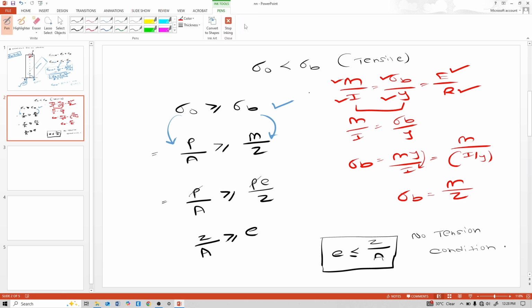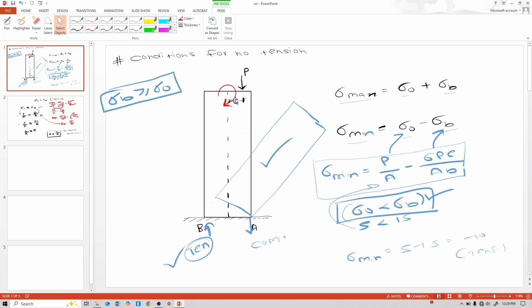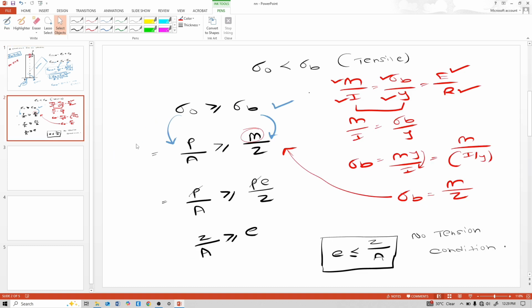That way the sigma B formula is derived. See here, this P is acting and this eccentricity is E. Moment is load into perpendicular distance, and we have taken moment at this point, so moment is equal to P into E. So put here this moment P into E, and this P will get cancelled. Take this Z to the left-hand side numerator, so Z by A.